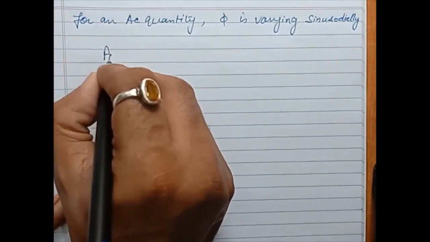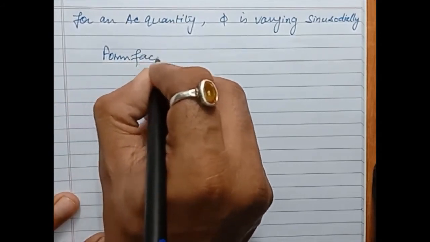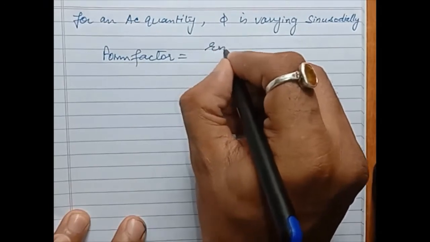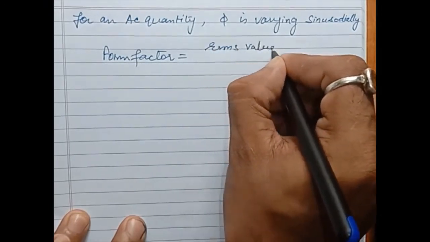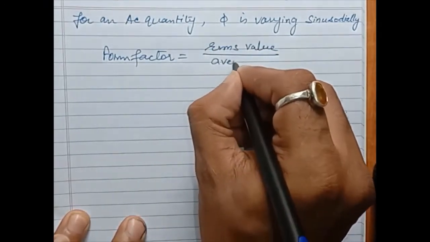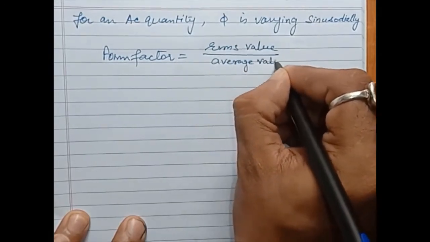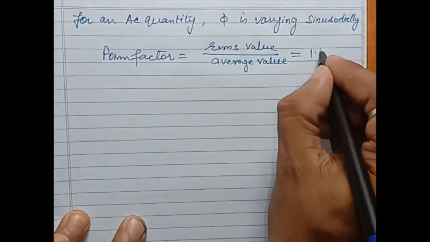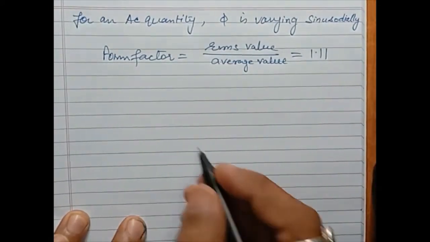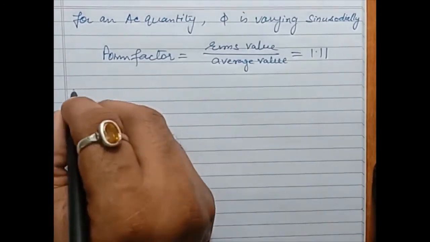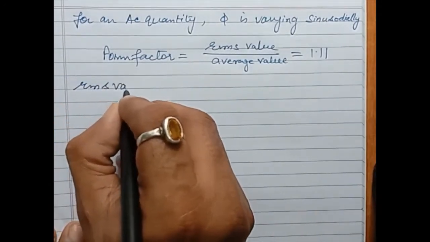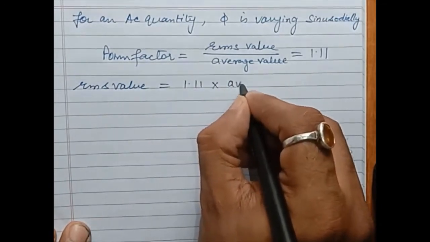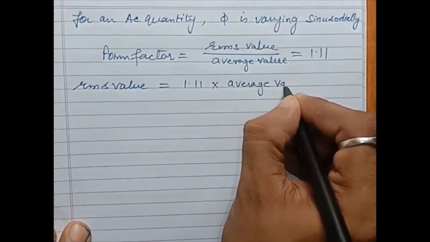Form factor is equal to RMS value divided by average value, and for an AC quantity the form factor is 1.11. Therefore we can say that RMS value is equal to 1.11 into average value.